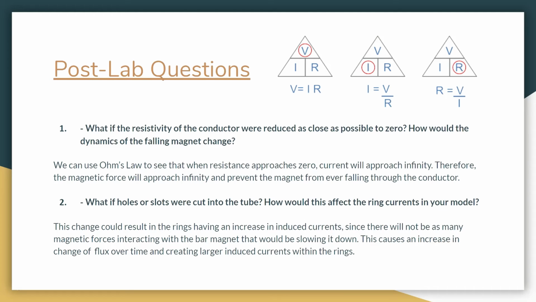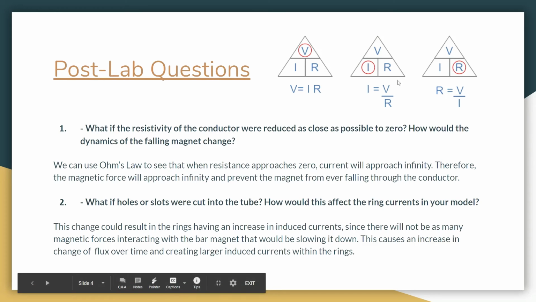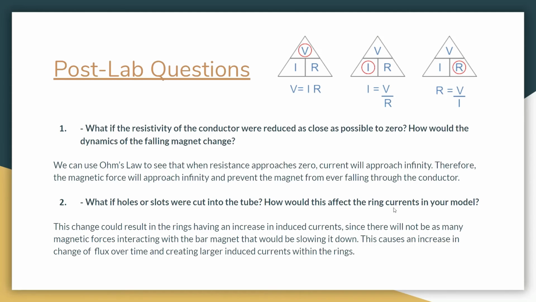All right, so now for the post-lab questions. What would happen if the resistivity of the conductor was reduced as close as possible to zero, and how would that change the dynamics of the falling magnet? Here I use Ohm's law, really just the middle formula of the picture that you see, I equals V divided by R. In this situation, we know that R is going to be close to or pretty much equal to zero.